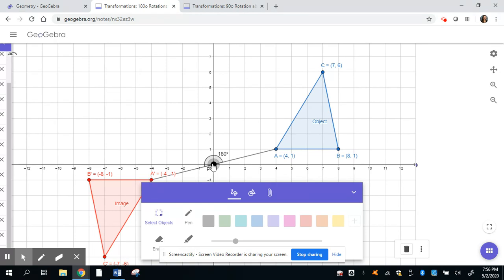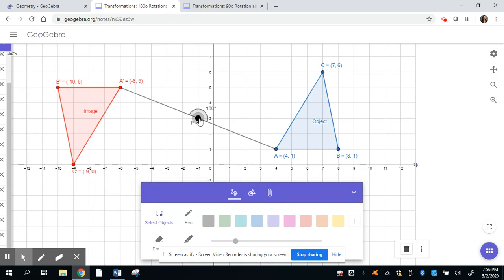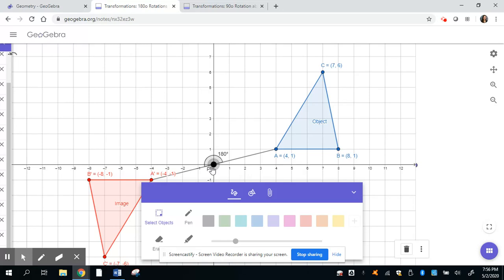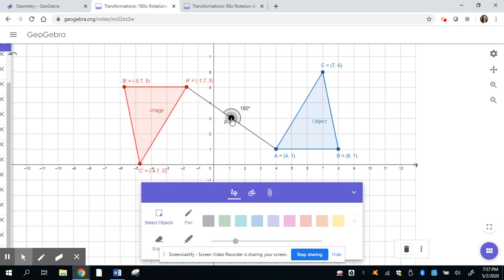But if I change this point of rotation, my new value, A prime, no longer has those numbers, 4 and 1, just negative. When I move my center of rotation to another point, my primes are going to be different. So it seems really complicated.